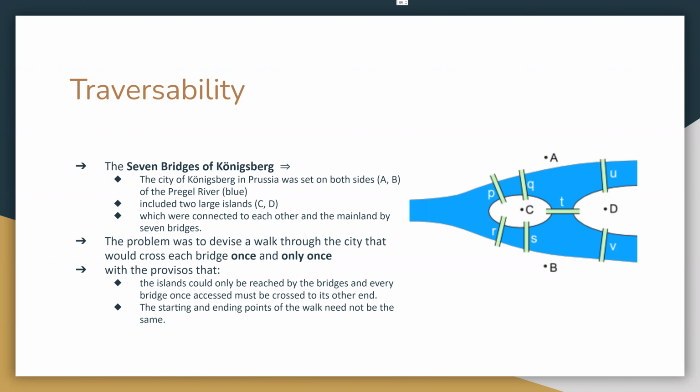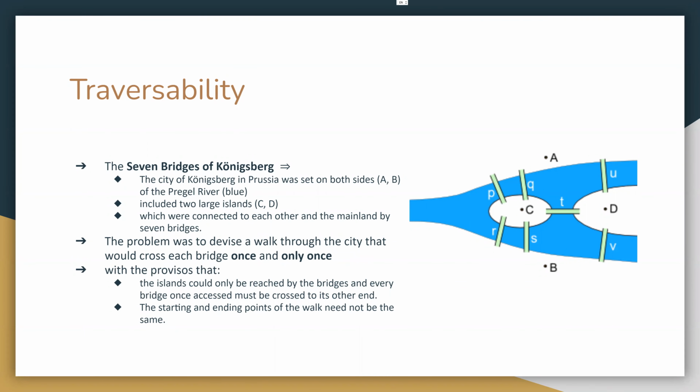And the condition is obviously that you can't jump into the river to go to the island, for example. The starting and ending points of the walk need not be the same.